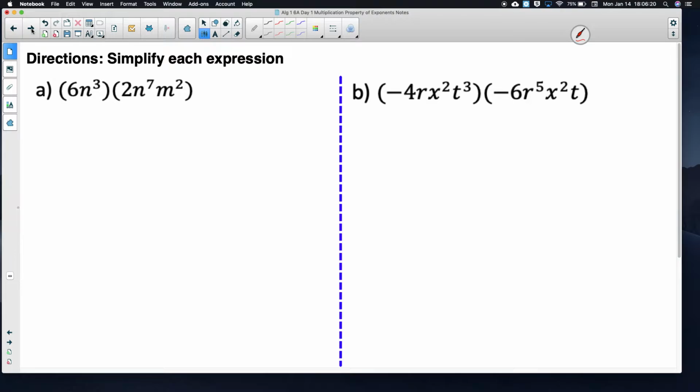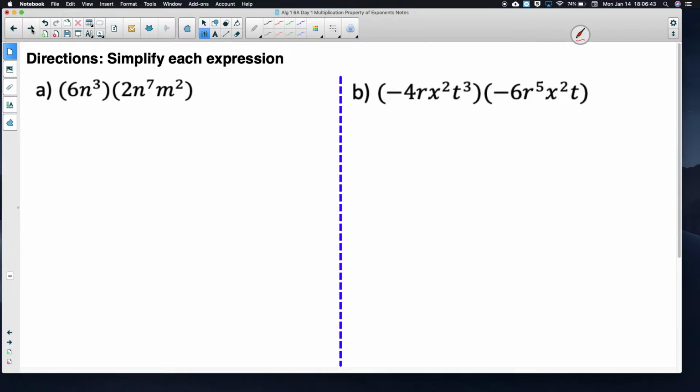Simplify each expression. Just at first glance, you can see these problems can be a little bit complicated. You've got a lot of numbers and a lot of different variables. So how can I simplify this? What I want to do is group together similar variables or similar numbers.